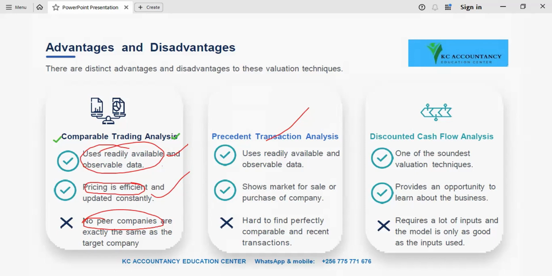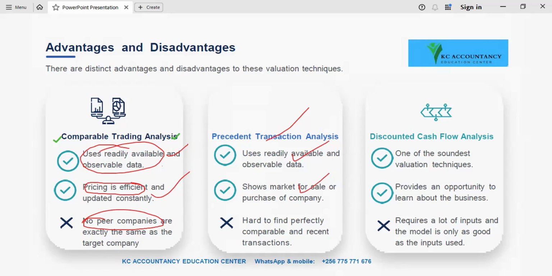It also shows us the market for a possible sale or purchase of a company. It even shows us how much we can make if we were to sell the company now. We can readily get that information.